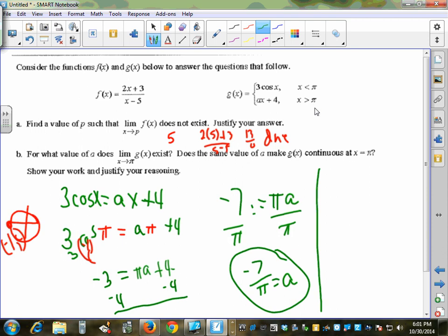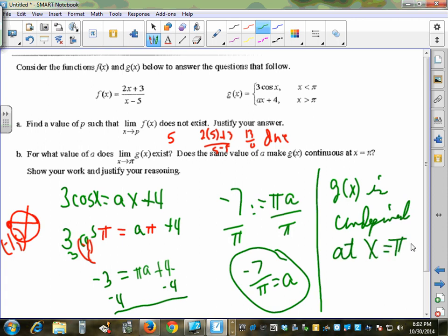Okay, that means there is a hole at pi. So for this function, it can never work because g of x is undefined at x equal pi.